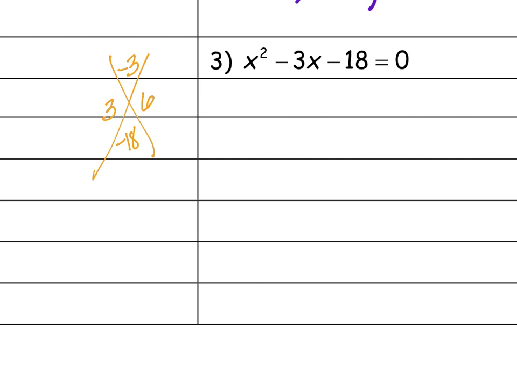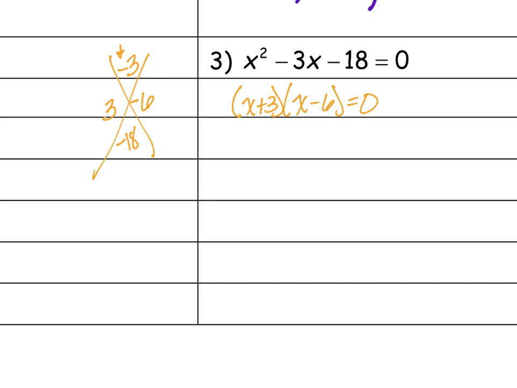Anybody know which one's going to be negative? X. Yes, very good. Because it has to add to be -3. And because this one's negative, the bigger number is negative. Nice. So that means this factors to x plus 3 times x minus 6 equals 0.